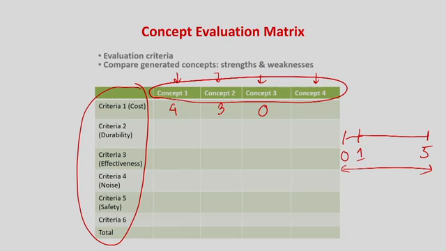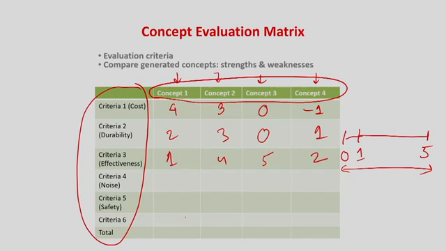It is exactly the opposite of what we have thought of, and I can give -1 as well, if I feel like. Similarly, we provide marks for each one of these criteria across the concepts. So, say 2, 3, 0, 1, 5, 4, 1, 2.